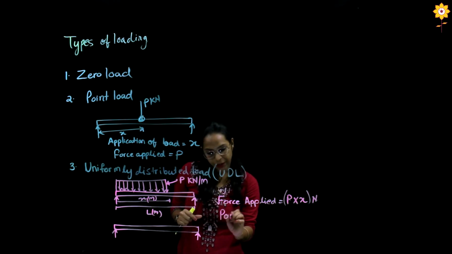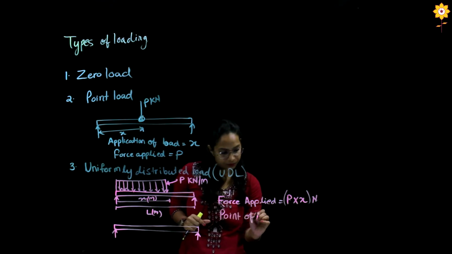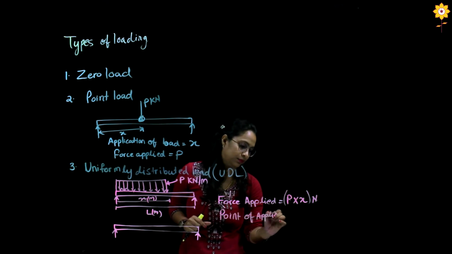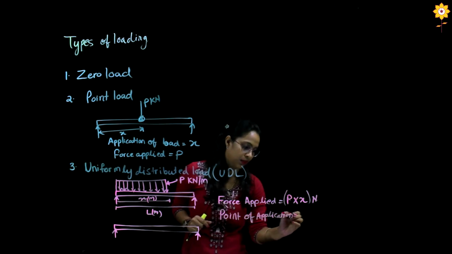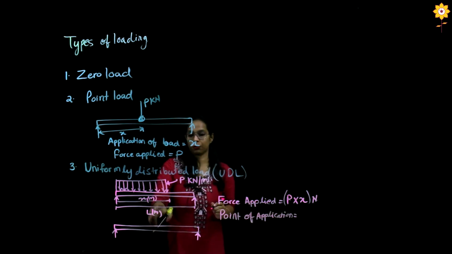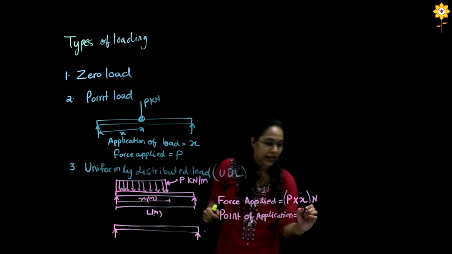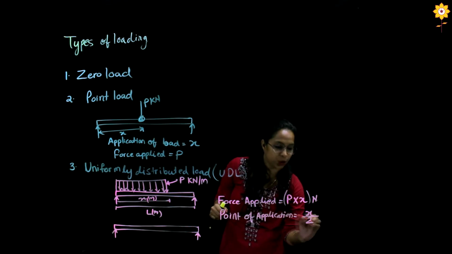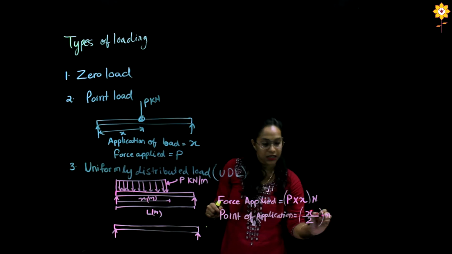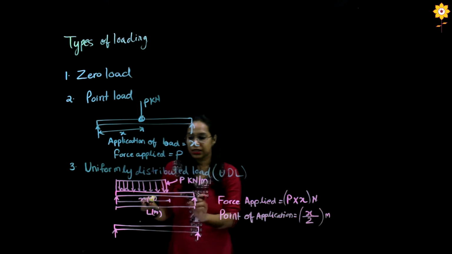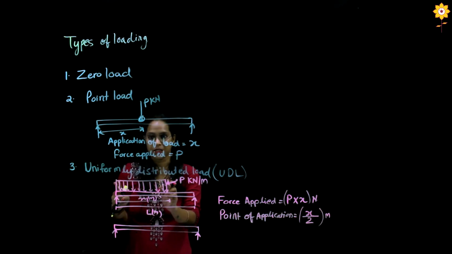The point of application of this P into x newton load is x divided by 2 meters. That is, the distance where the UDL is placed divided by 2. Why divided by 2? Because it is uniformly distributed, so we assume that the application should be at the center.